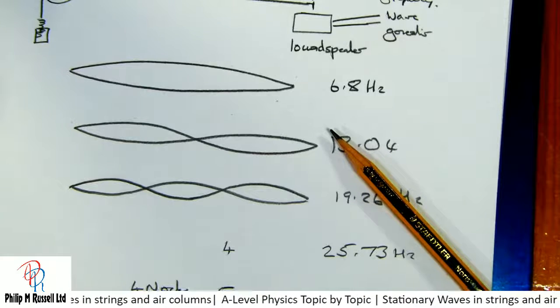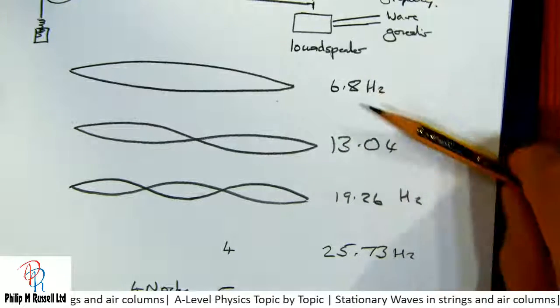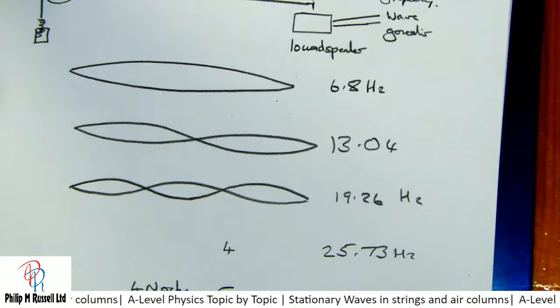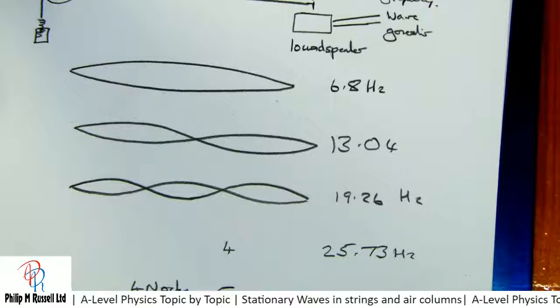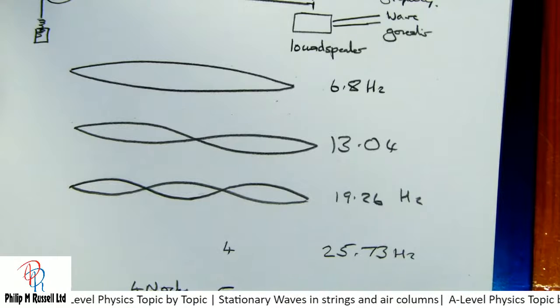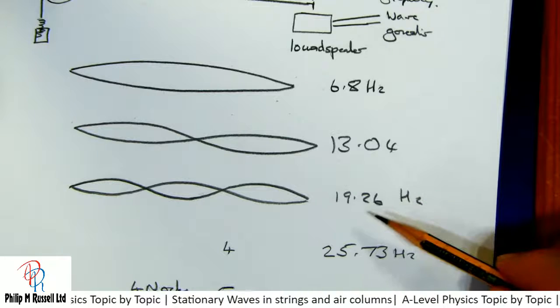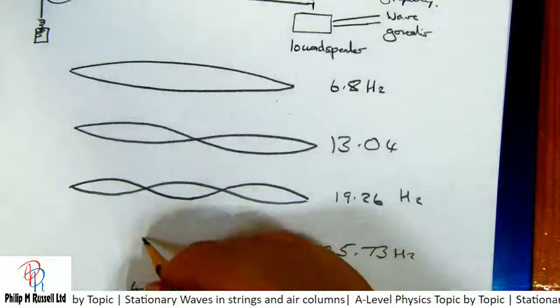We should be looking at a doubling of each of these, but it's only about probably half due to having sort of wool as our main source. So 6.8 and then 13.04, then 19.26.